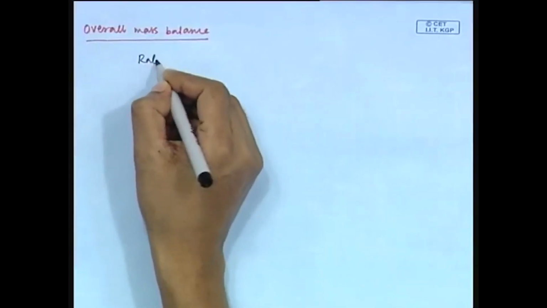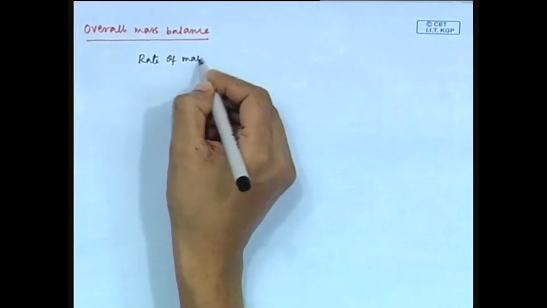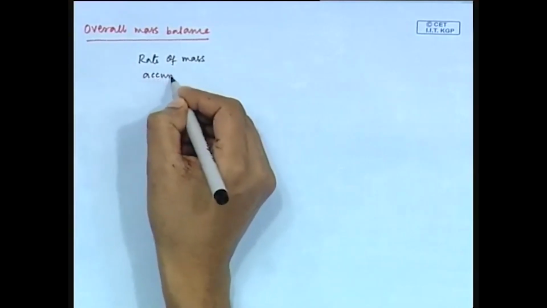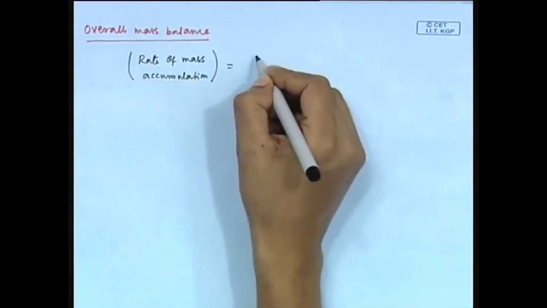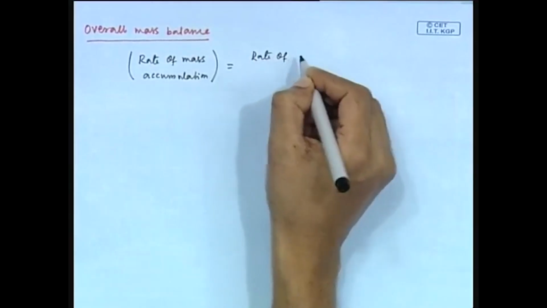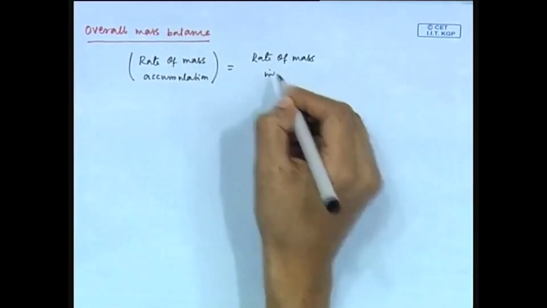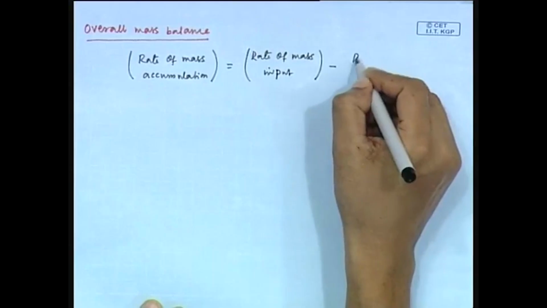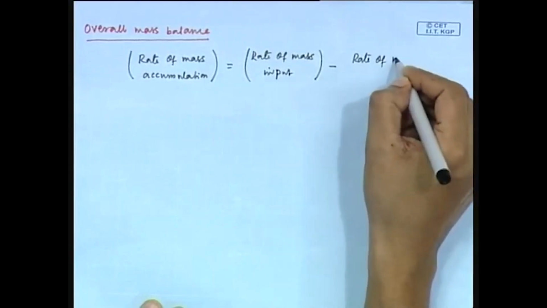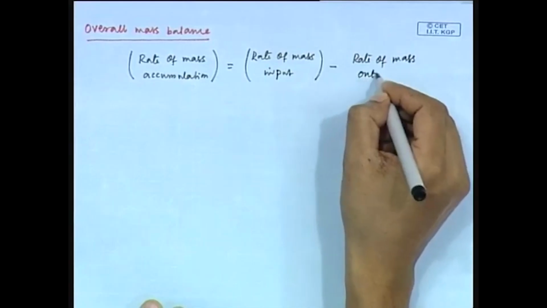To develop the overall mass balance of this CSTR system, we need the conservation of mass. What is that? Conservation of mass is: rate of mass accumulation equals rate of mass input minus rate of mass output.